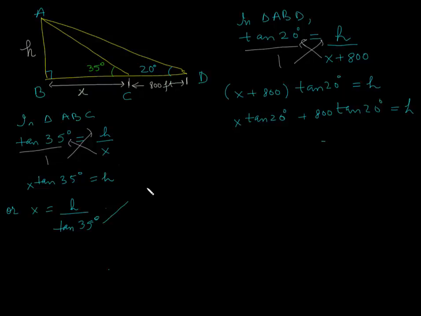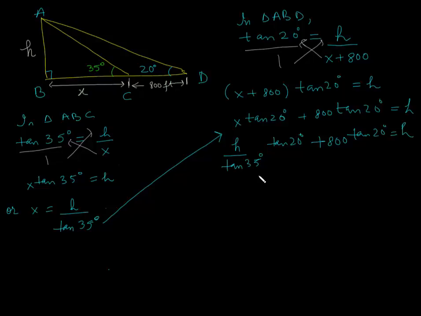Now this value of x can be substituted in this equation because we are only interested in finding h. So first we want to get rid of x. So in place of x, let's put the value of x, which is h divided by tan 35, into x tan 20 plus 800 tan 20 equals h. I think the easiest thing to do is to put in the calculator and find the value of tan 20 divided by tan 35.